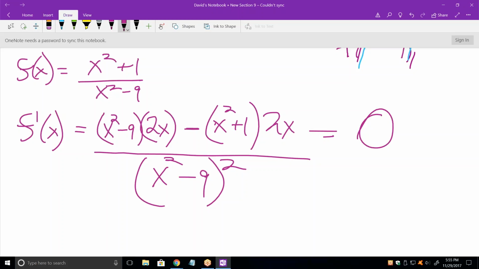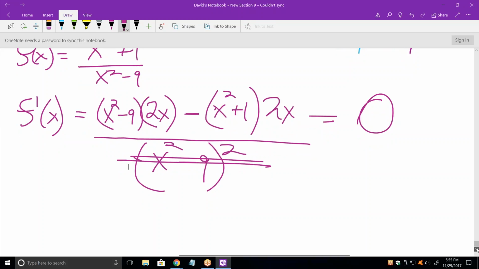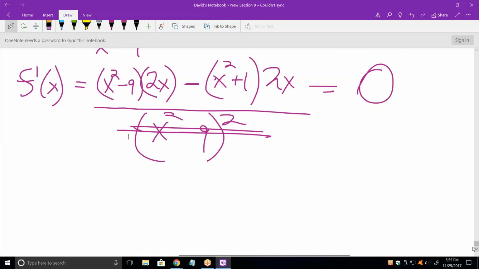It's the only way you can get it equal to 0. The other way to look at it is I can multiply both sides by the bottom, and this goes away. So basically, I can ignore that and look at the top. So let's see if we can simplify that and solve it and see if there are any places where we have a flat tangent line.